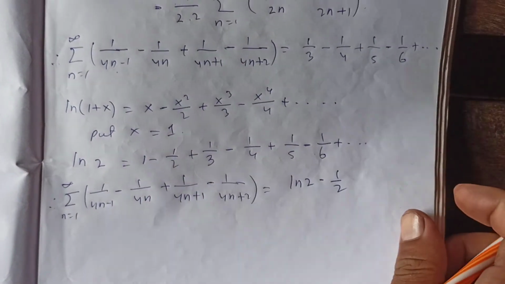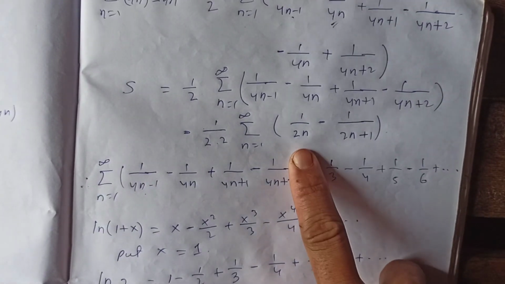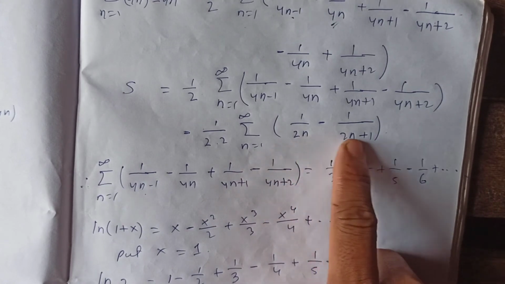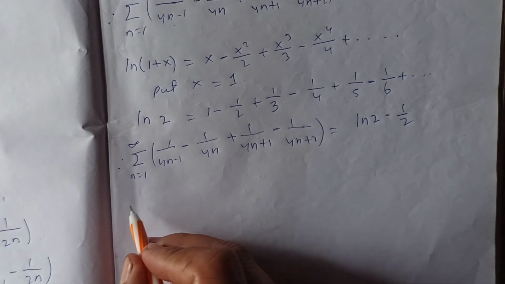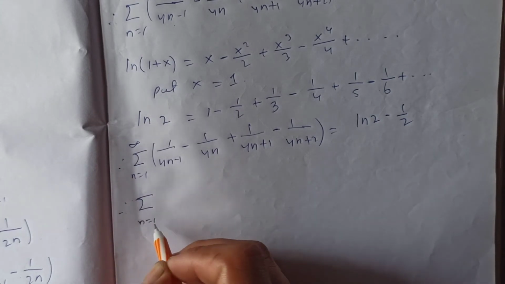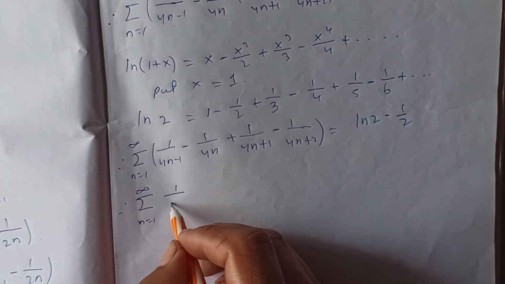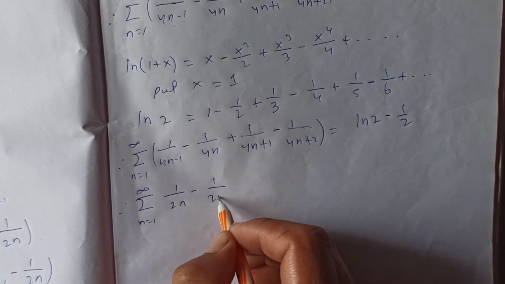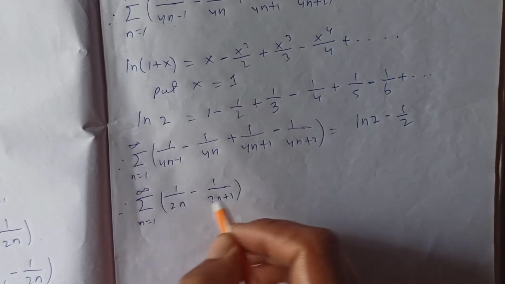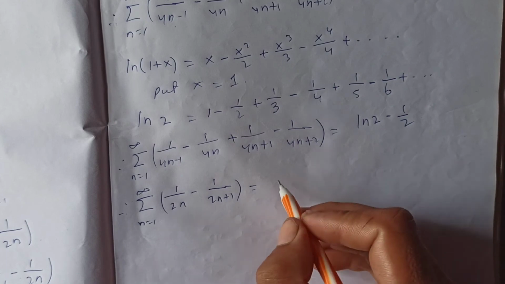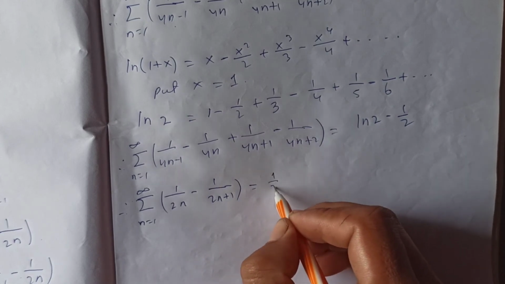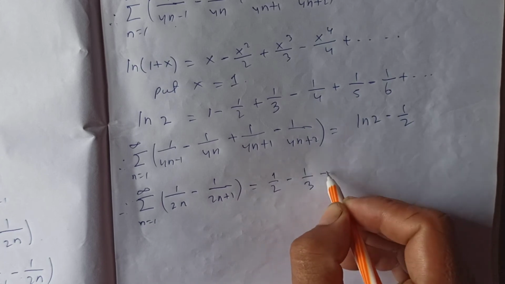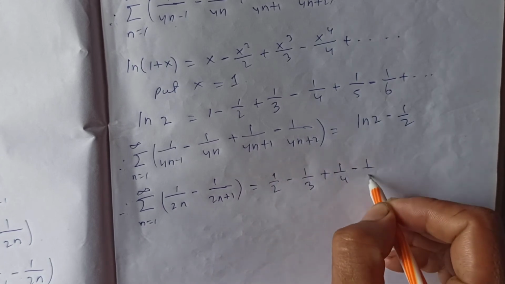And again, the next sum: if I plug n equal to 1 here, what do we get? Therefore the sum from n equal to 1 to infinity of 1 over 2n minus 1 over 2n plus 1. If I plug n equal to 1 in this, we will get 1 over 2 minus 1 over 3 plus 1 over 4 minus 1 over 5 and so on.